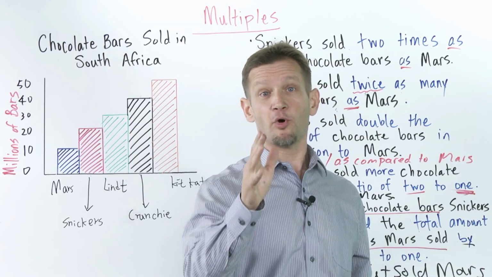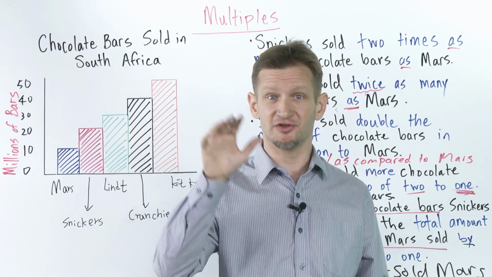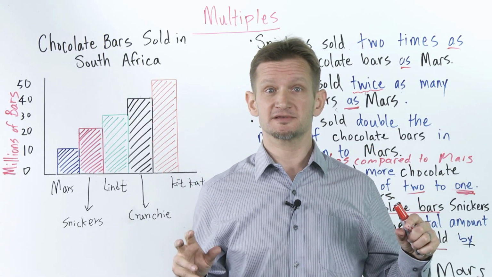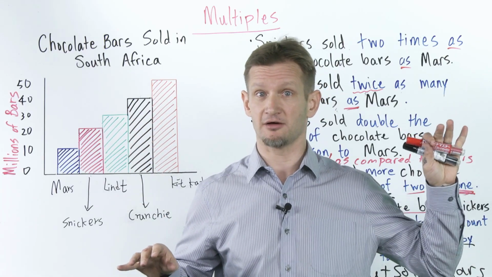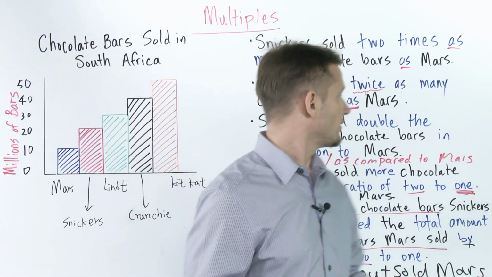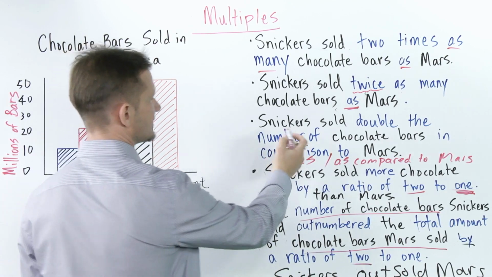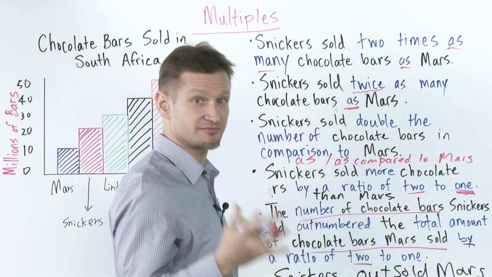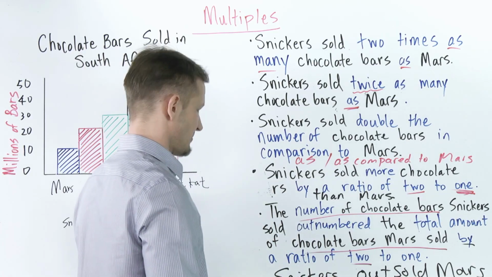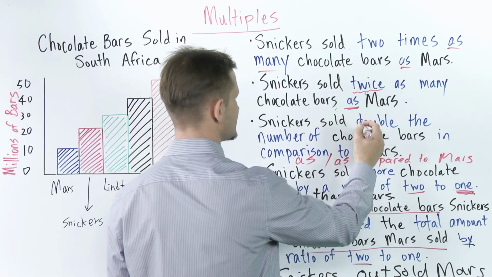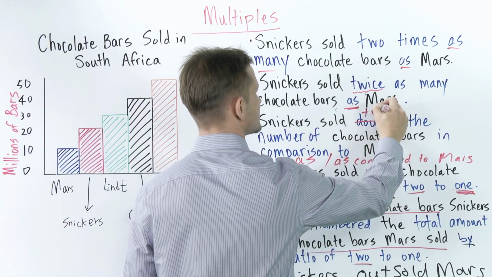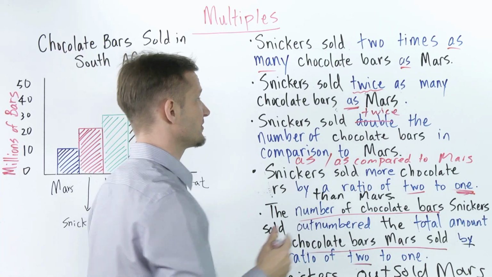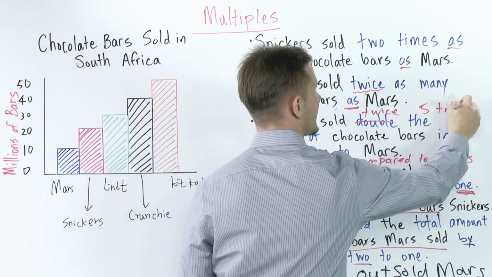Okay, so I want to point out something so that you can see it, so that you can avoid it. It's a common mistake people make. So when we're comparing things, we compare one noun to a second noun. That's what we're doing. So here we say Snickers sold double the number of chocolate bars in comparison to Mars. That's a good sentence. That makes sense. But I want to show you something. We could also change this to twice the number of chocolate bars. Or we could say 5 times the number of chocolate bars. That's okay. We can say that.